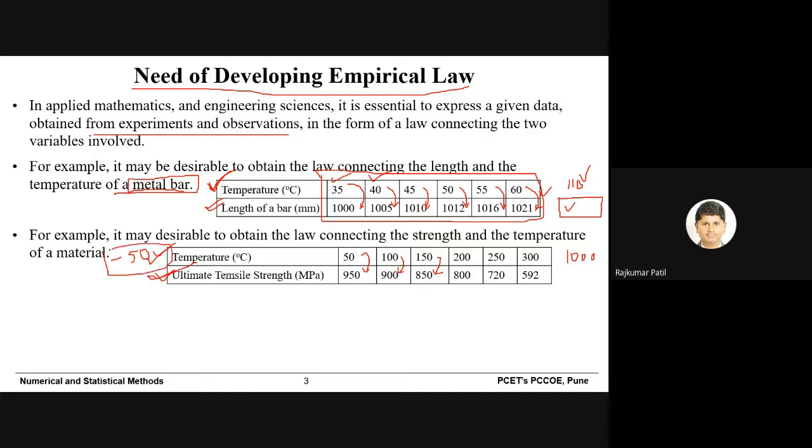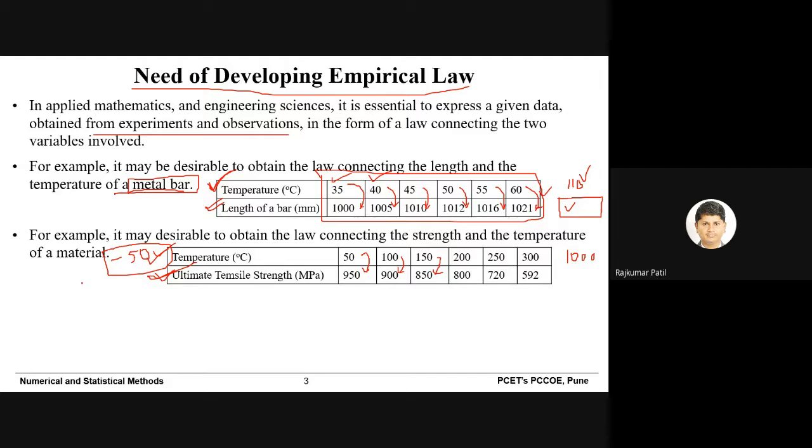And that relation can be used for design. Let's take the example of an aeroplane. When that aeroplane is on the ground, the atmospheric temperature will be 20, 30, 40, 45 or even 50. And in European or American countries, for example the US or Canada, temperatures of minus 40, 50, 60 are also observed.